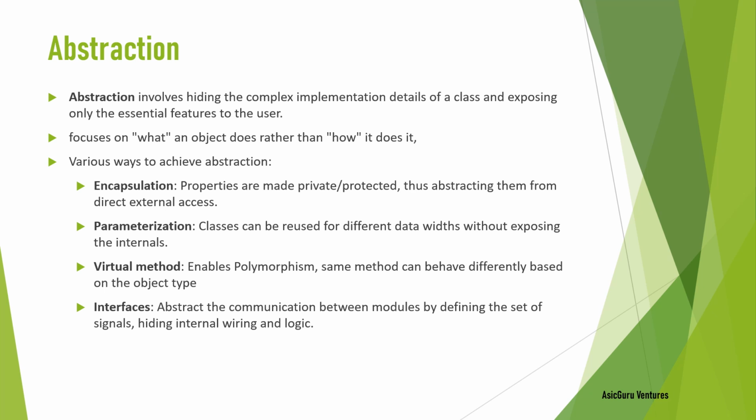Because they enable polymorphism, and the same method call behaves differently depending on the object that invokes it. Next, interfaces. They also help in abstraction, abstracting the module communication by defining signals and hiding the underlying wiring or logic, and thus promote modularity and clear testbenches.